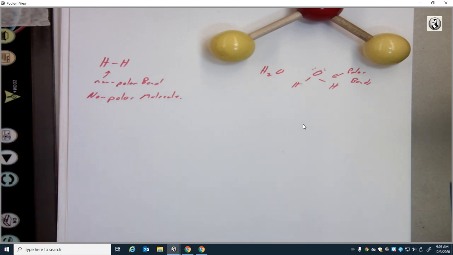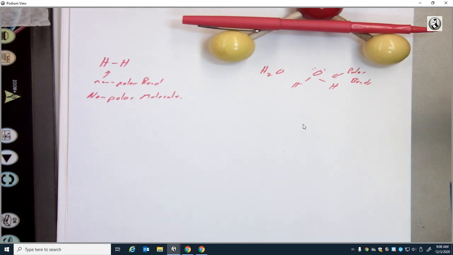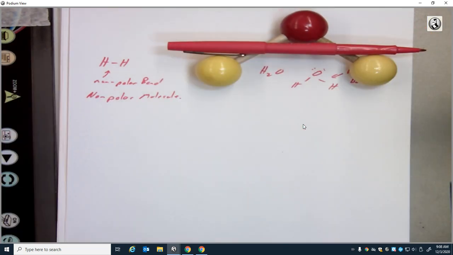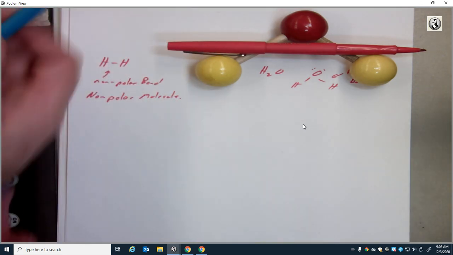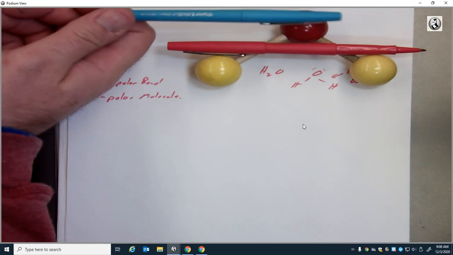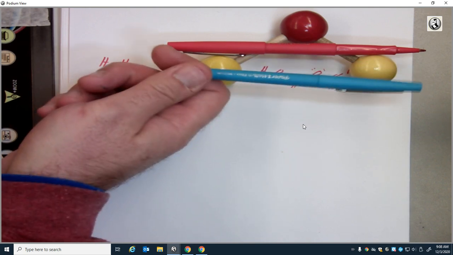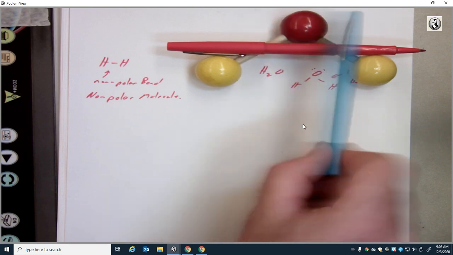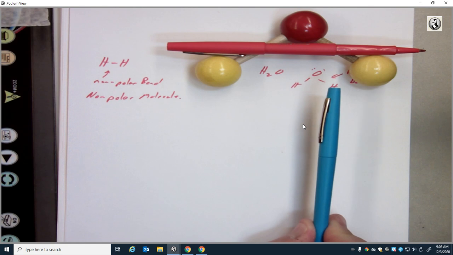Now, we can look at symmetry also. If we split the molecule right here and cut it in half this way, we know that the electrons are pulled towards oxygen. So this side up here gets a slight negative charge. What happens to this side of the molecule? Well, it's slightly positive. So this side up here becomes negative, and this side down here becomes positive.